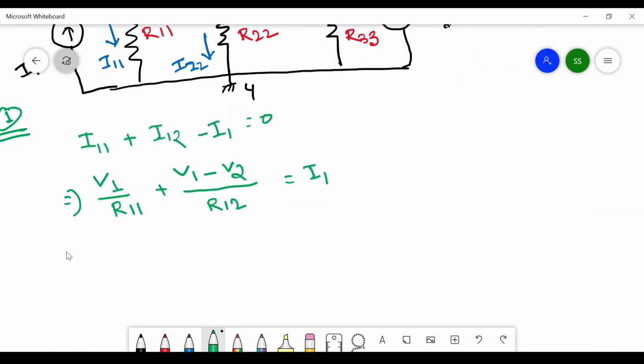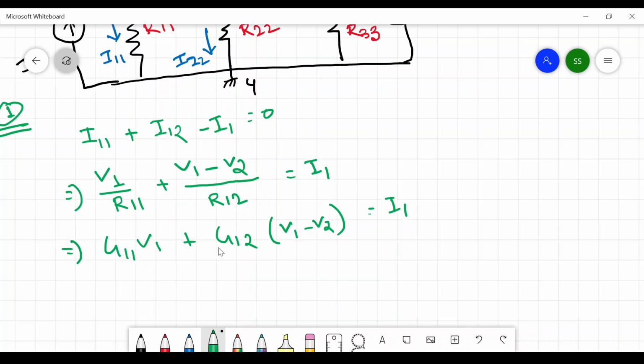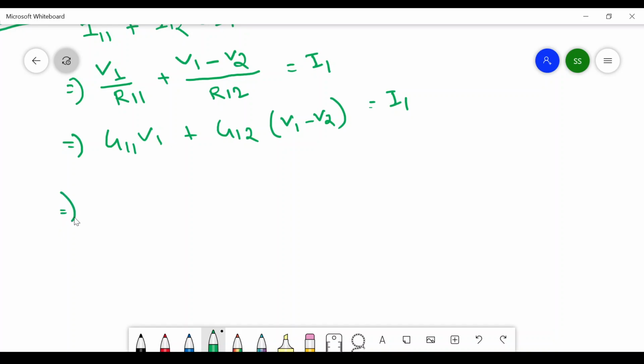Now if I write the resistances with respect to their conductance, then I can say G11 V1 plus G12 into V1 minus V2 equals I1. Rearranging, V1 into G11 plus G12, minus G12 V2, equals I1. We got the first equation for node 1.